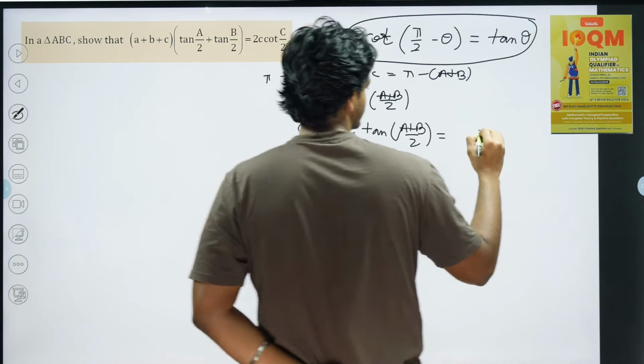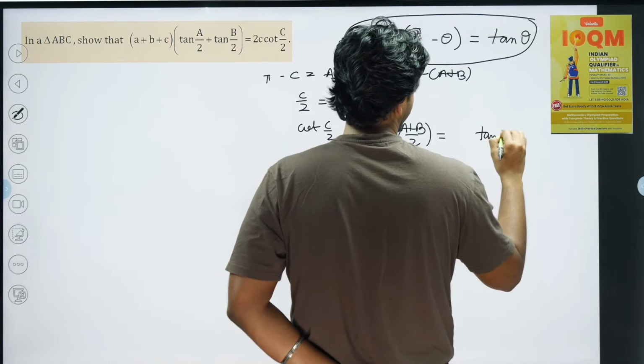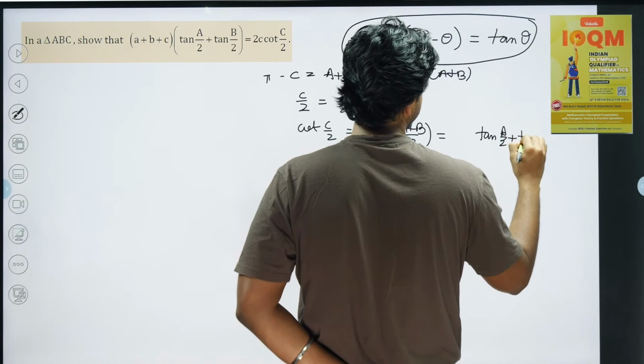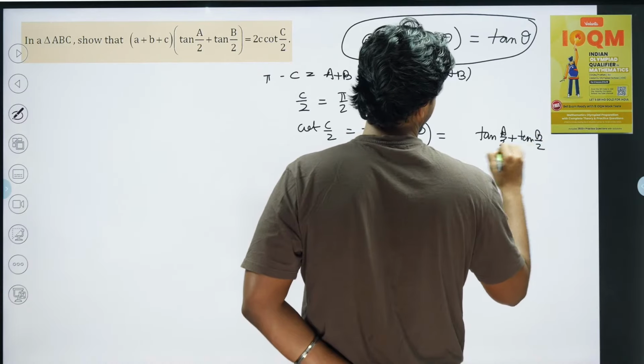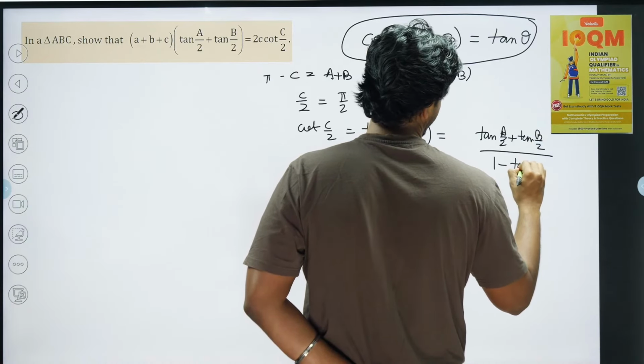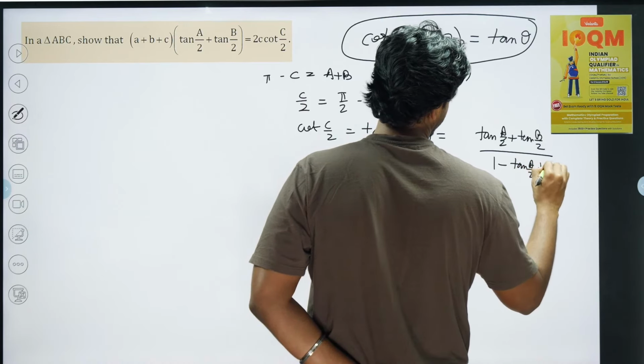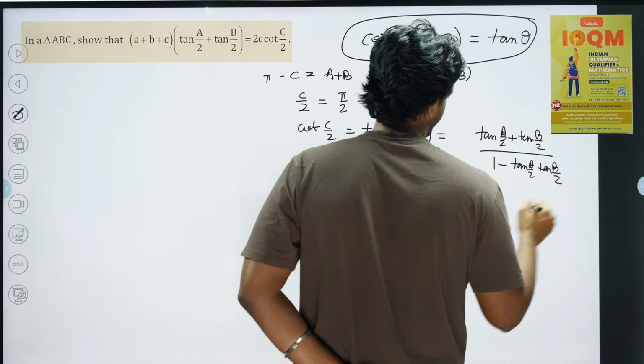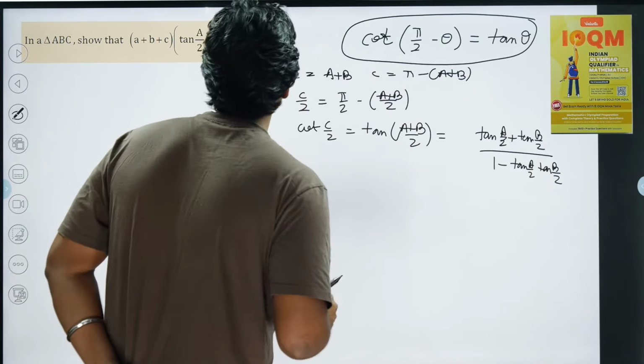which is (tan A/2 + tan B/2) / (1 − tan A/2 tan B/2). Yeah?